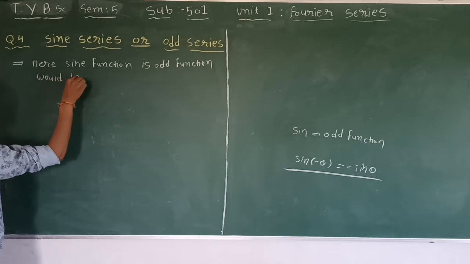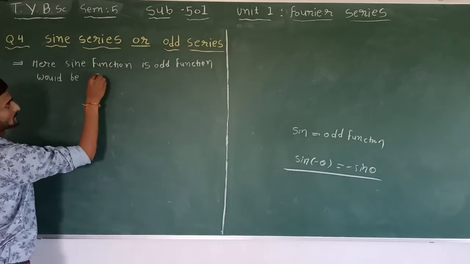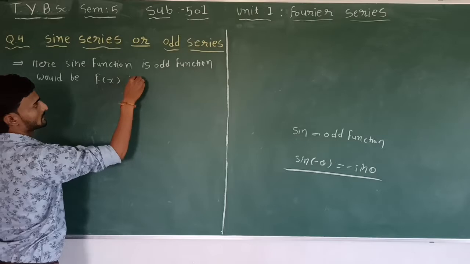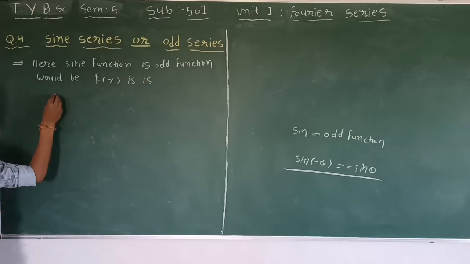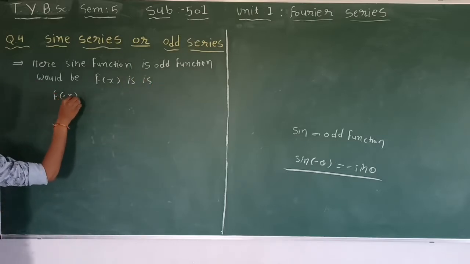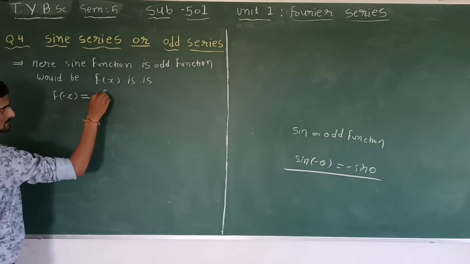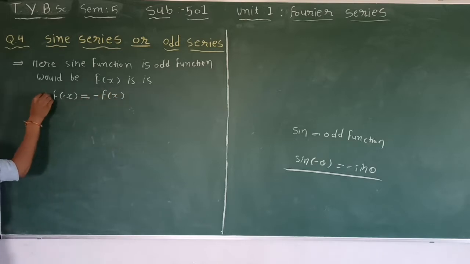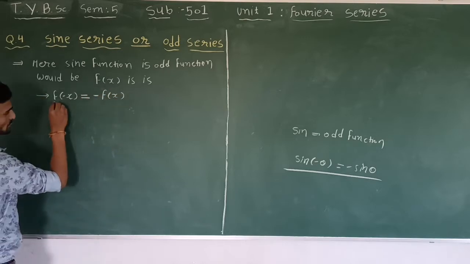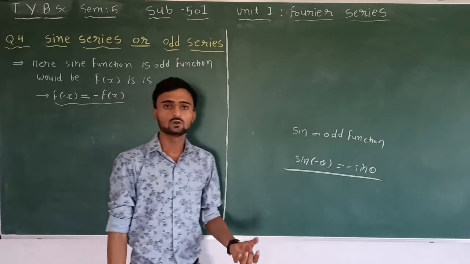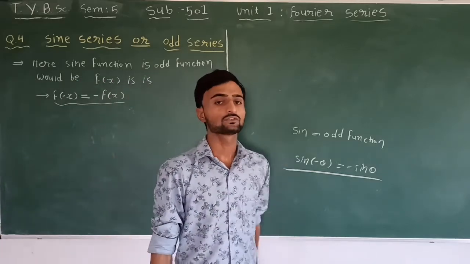If f of x is an odd function, then f of minus x is equal to minus f of x. This equation is used in the A0, An and Bn coefficients.